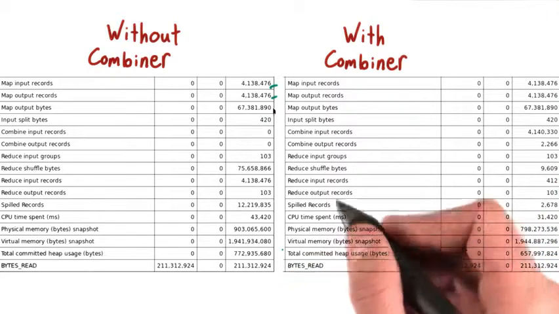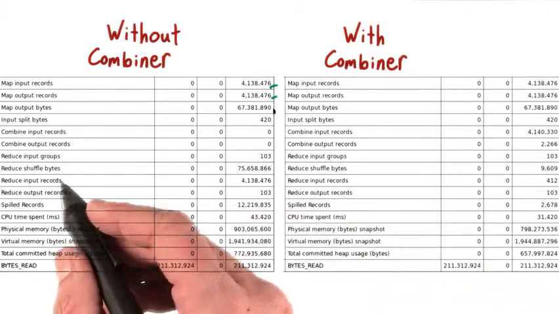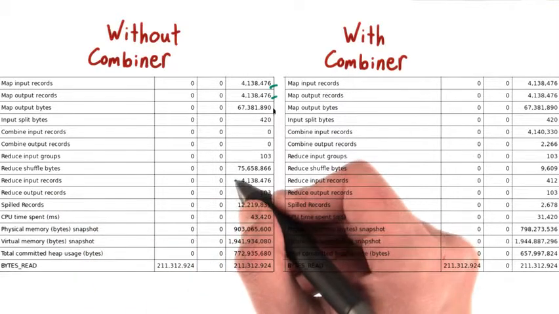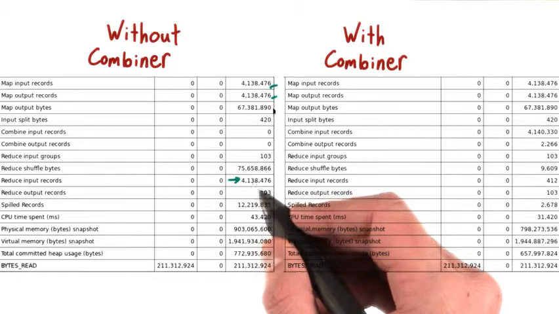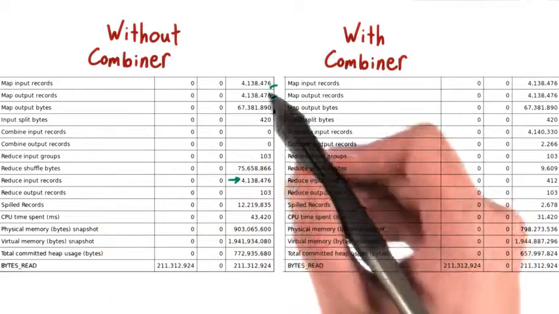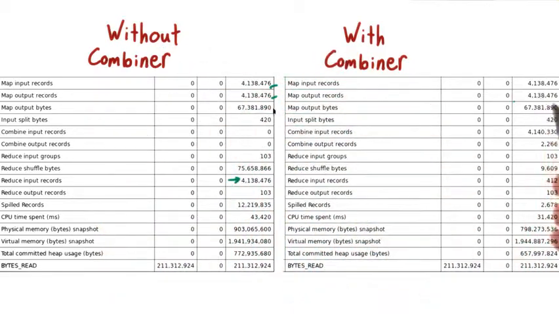But where things get really interesting is down here at reduce input records. The reducers had to handle the whole 4 million records that the mappers outputted when there was no combiner. But when there was a combiner, these 4 million mapped output records were combined into 412 reducer input records.